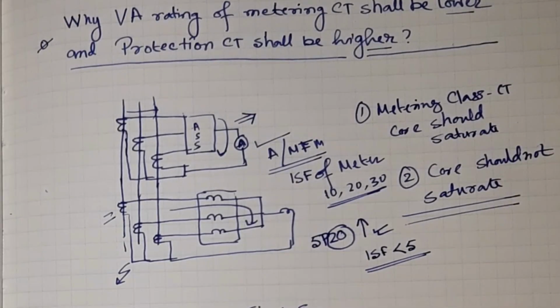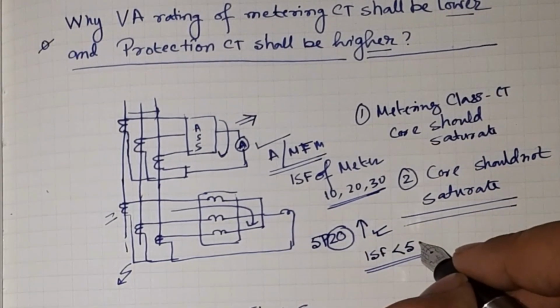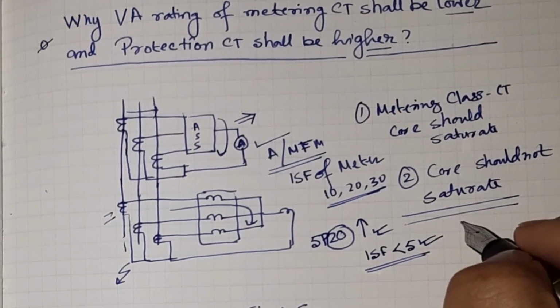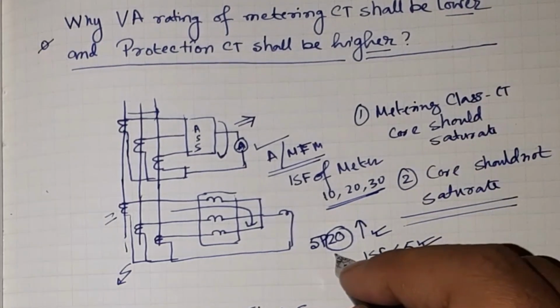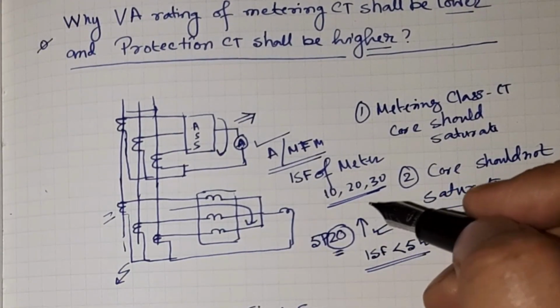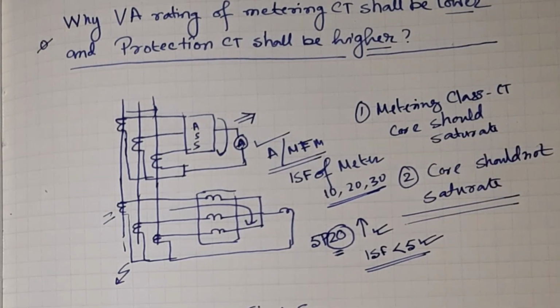We have to make sure that ISF is lower than 5, which means that above 5 times the rated current the CT will get saturated. Our objective is to ensure that the CT saturates even at 3 or 4 times the full load current. And for 5P20, we have to make sure that the CT does not saturate at 20 times the current, or if it is higher, that is even better.